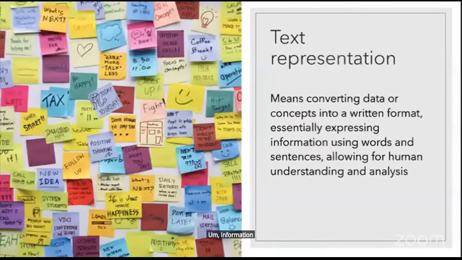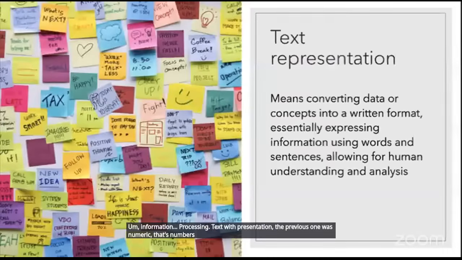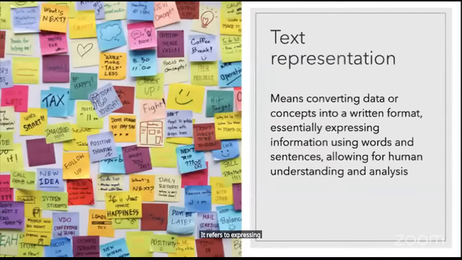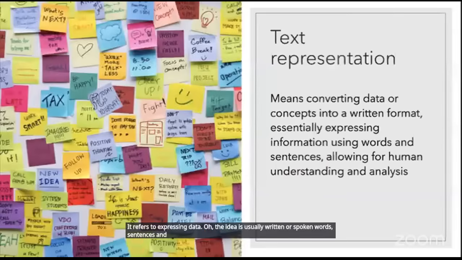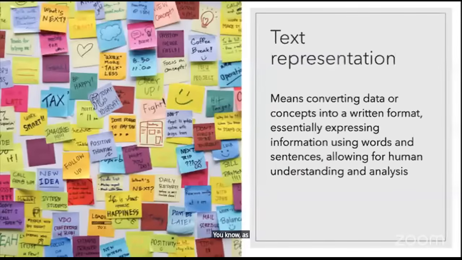These are just those factors that play a big role in information processing. Text representation, the previous one was numeric, that's numbers. This one now is text. It refers to expressing data or ideas using written or spoken words, sentences and symbols, as opposed to using numbers or visual forms. So it is the way information is conveyed in a readable, understandable format using language.